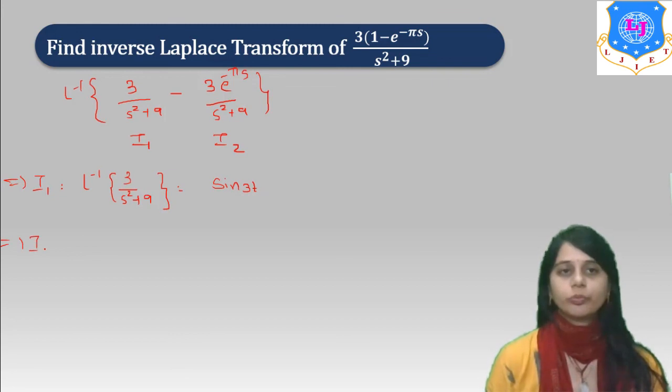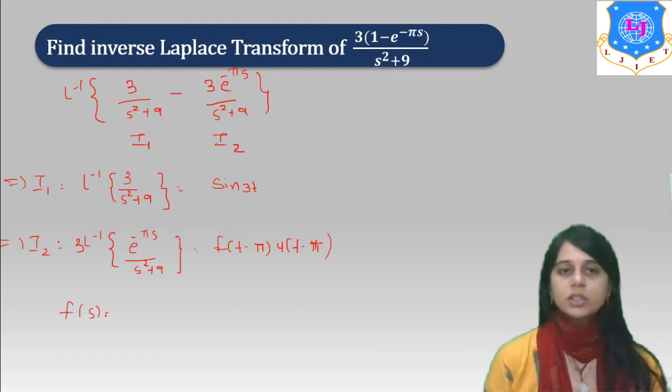For I2, it is the inverse second shift theorem. So it is 3 e raised to minus pi s upon s square plus 9. This gives f of t minus pi, u of t minus pi. Now, to find f of t, what is our f of s here? It is 3 upon s square plus 9.